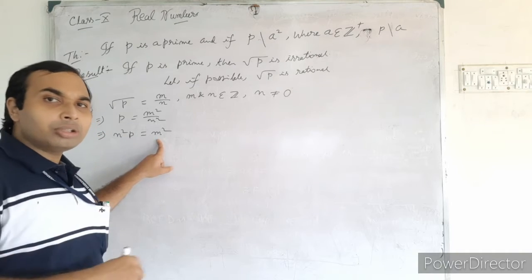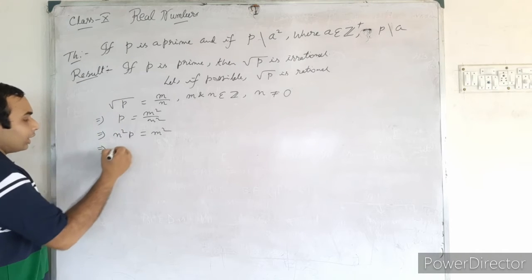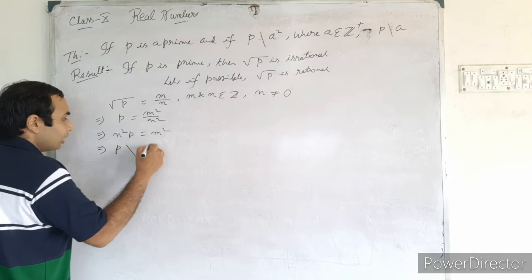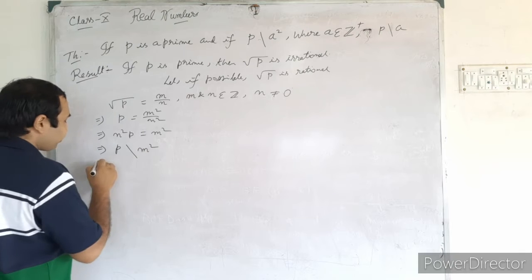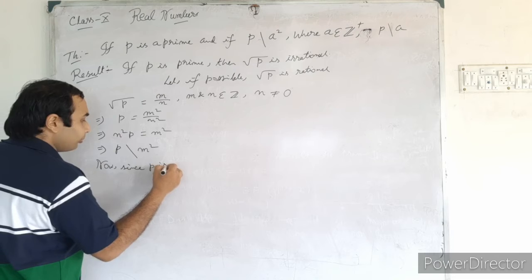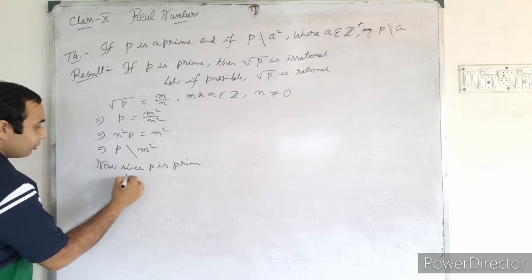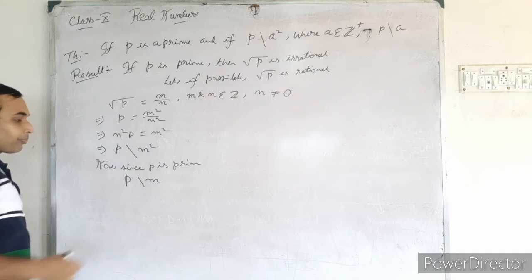It is a rule we know from class 4 or 5. So P divides m square. Now since P is prime, by this property P divides m.